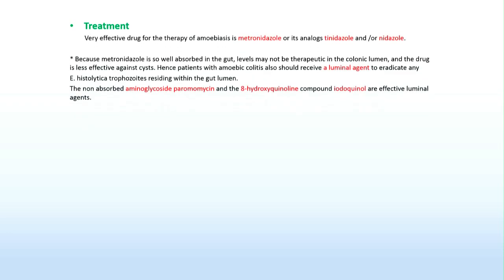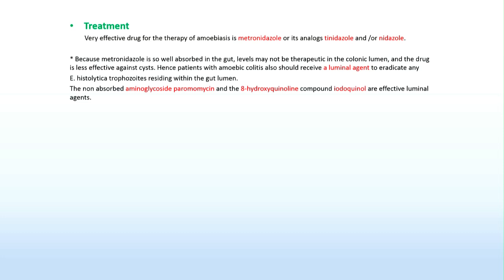Treatment. We can treat Entamoeba histolytica with a very effective drug for the therapy of amoebiasis, metronidazole, or its analogs tinidazole and ornidazole. Because metronidazole is so well absorbed in the gut, levels may not be therapeutic in the colonic lumen, and the drug is less effective against cysts.